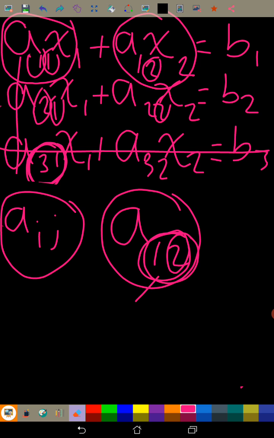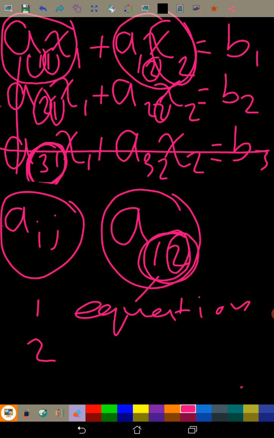So these are like their identities, if you want to call them like this. The first subscript indicates the equation in which the coefficient occurs. This is number one, equation 1. So the 1 means equation 1, and the second subscript indicates the unknown to which it multiplies. So 2 is x2, the unknown or variable.